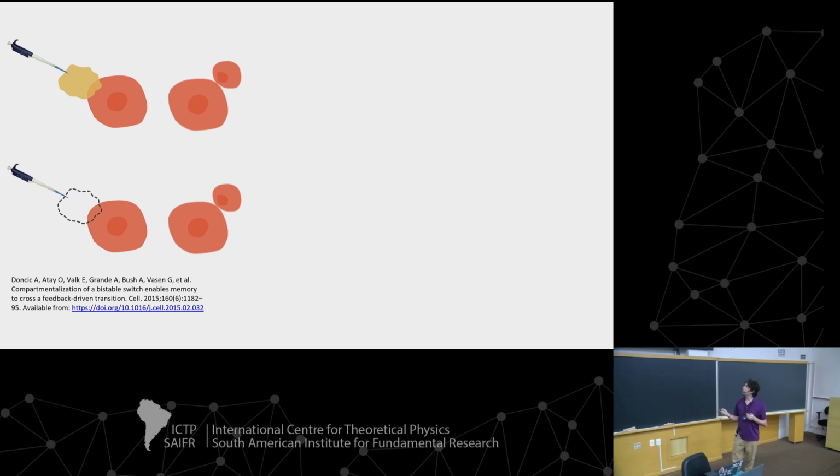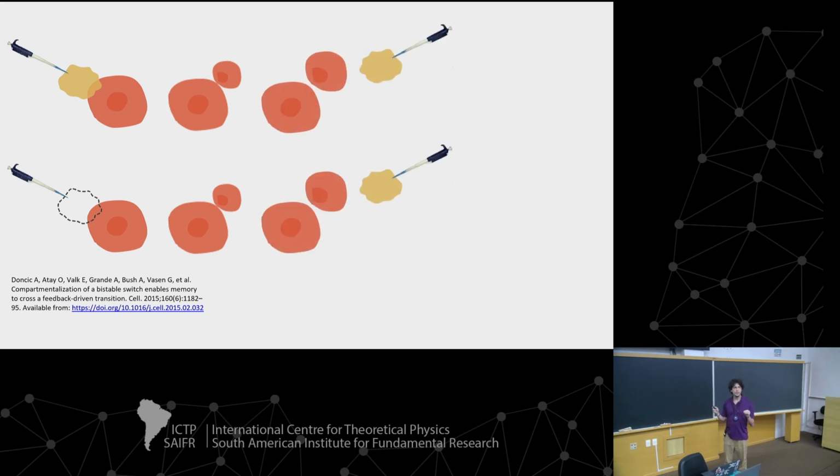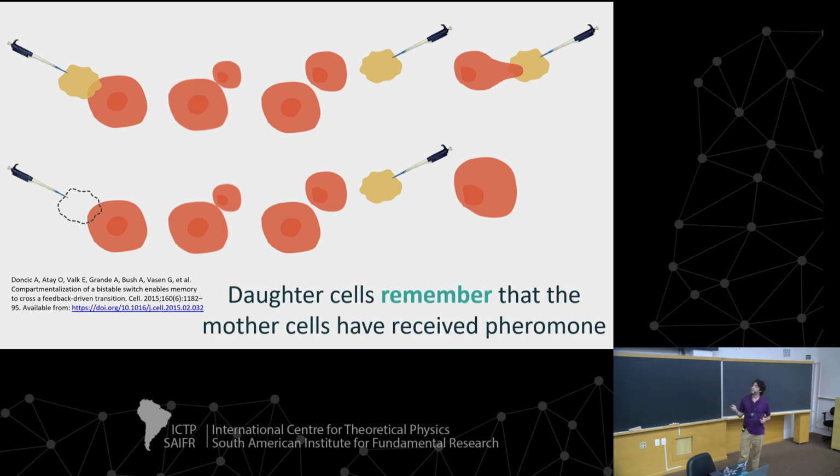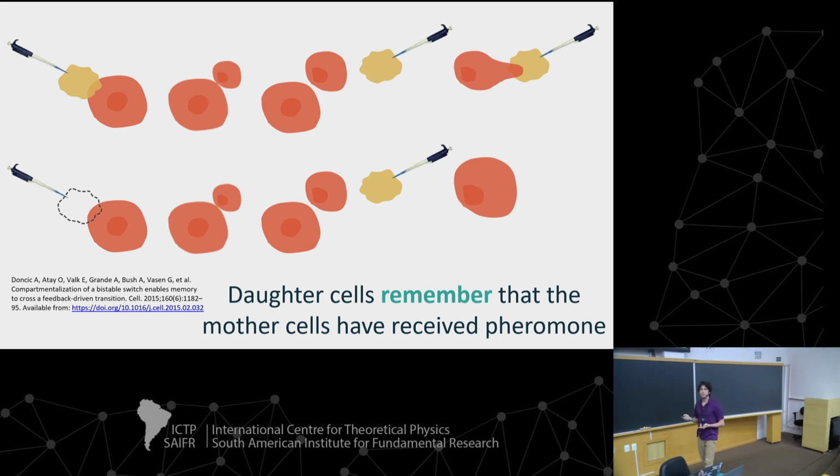So you have two daughter cells, and to one of them you give pheromone, again below the threshold, and to the other you give the same amount of pheromone. What happens is that the daughter cells whose mother received the original pheromone do the shmoo and the other one doesn't. So this experiment shows that daughter cells can remember that their mother cells received this pheromone.